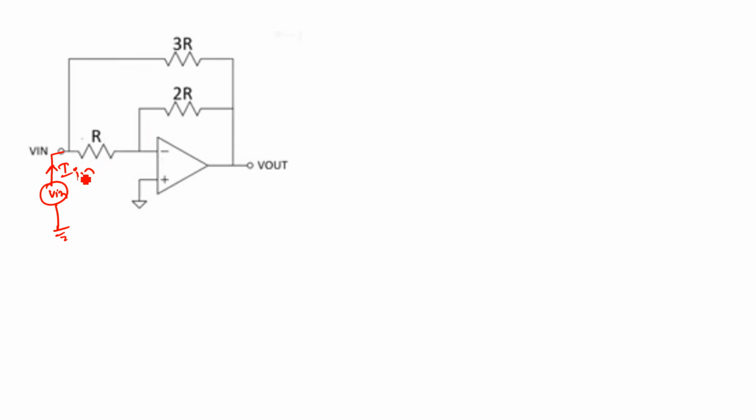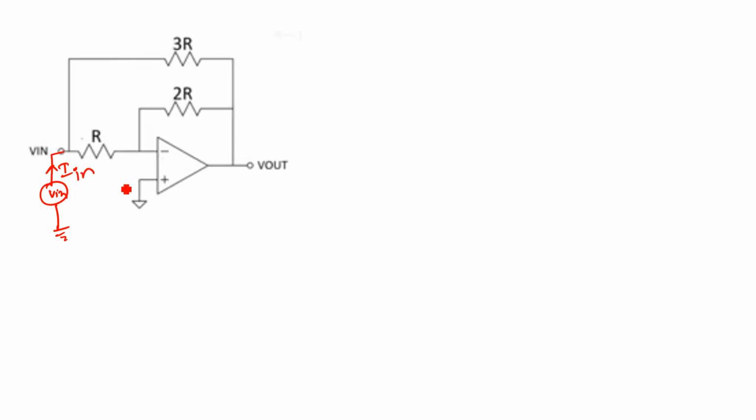We can see that the input is being applied to the inverting terminal, hence the output will be on the negative side, so the output V naught will be some negative gain times Vin. With this basic analysis I can say that the current will flow out of the voltage source which I have put in, rather than flowing into the voltage source.